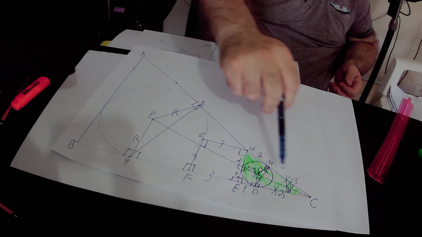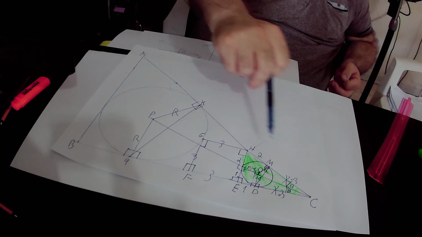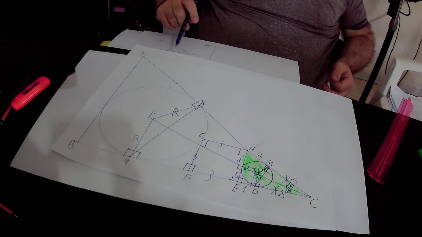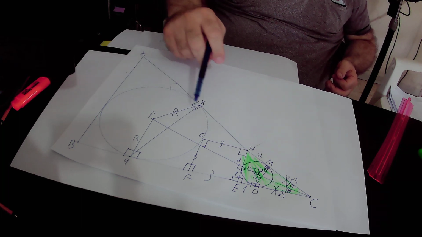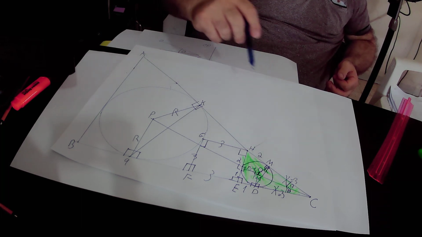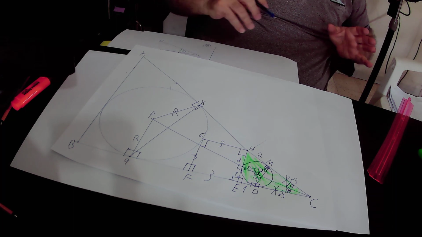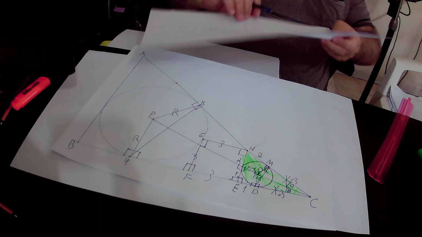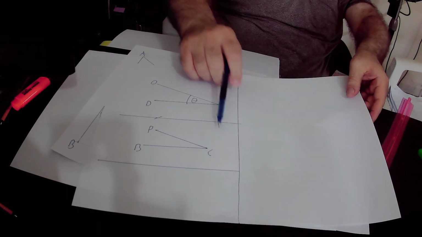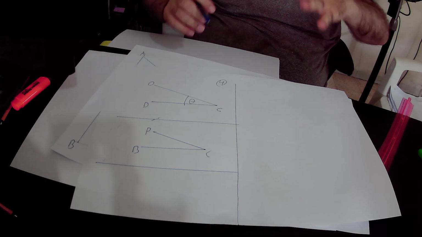Otherwise, CO will not be on the same straight line as CP. So CO and CP are located on different straight lines.